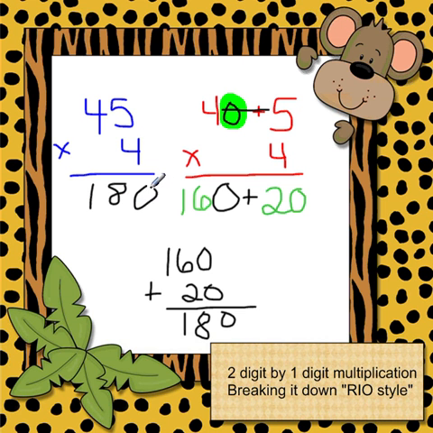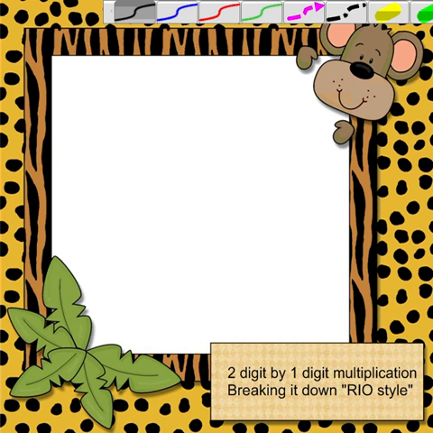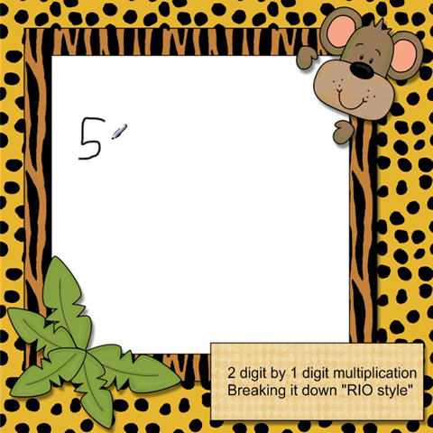Now I'd like to show you something else that usually stumbles everybody. So I'm going to erase the screen. And we're going to do a two-digit by one-digit number where the top number actually contains a 0 in the ones place. There are two different ways to do this, but sometimes it's hard to get past the abstract, so let's do it this way.